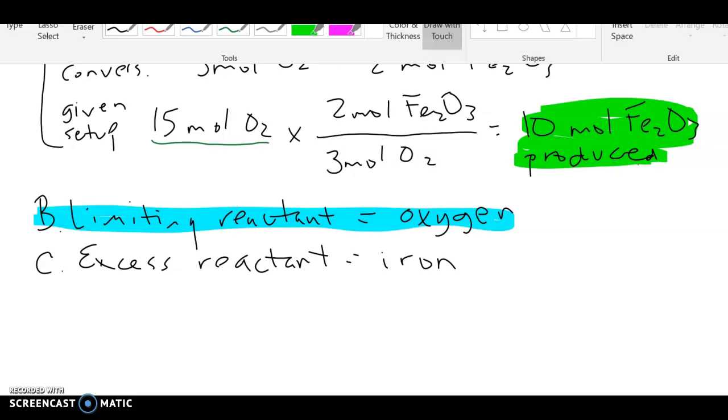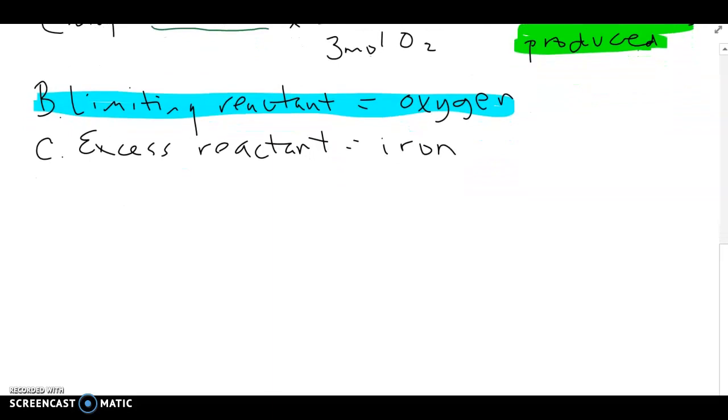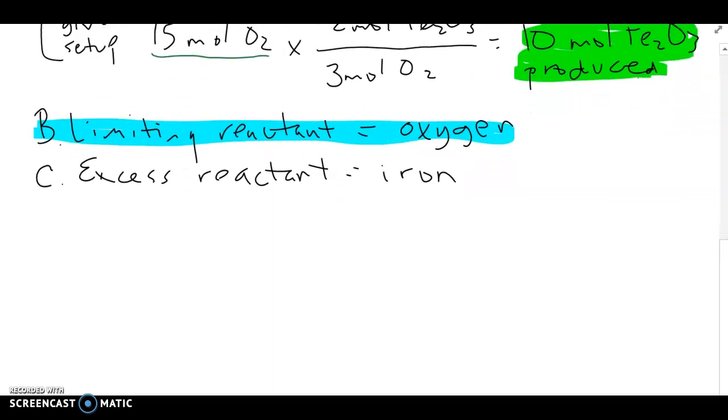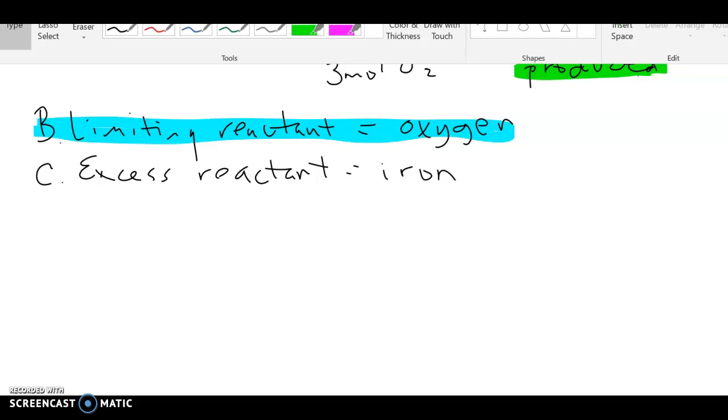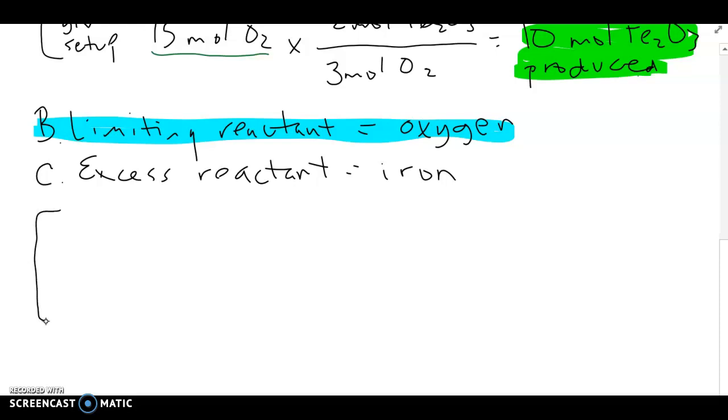Now we're looking at C. For our reactant that's in the excess, we need to figure out how much we're actually using. So we start with the end in mind, with how much product we're going to have. We're going to start with our plan.